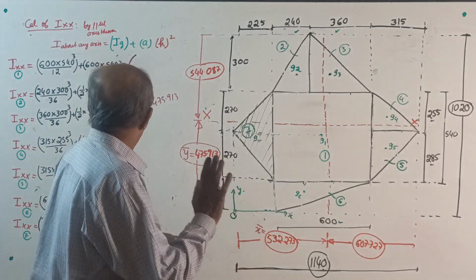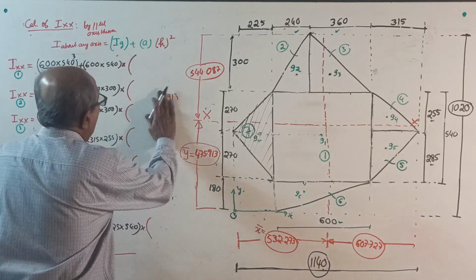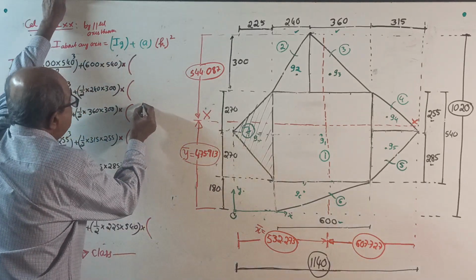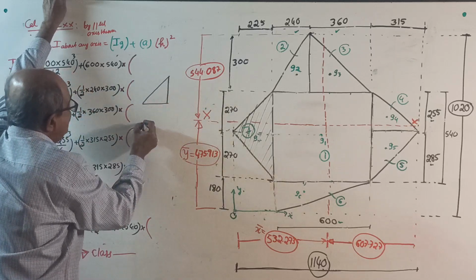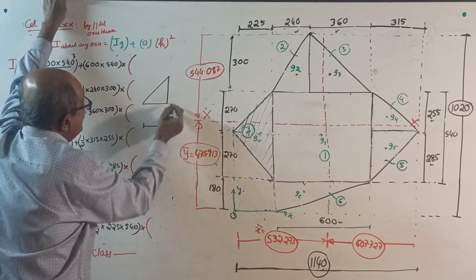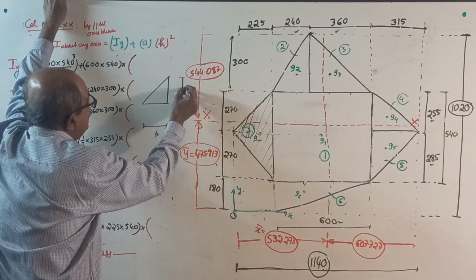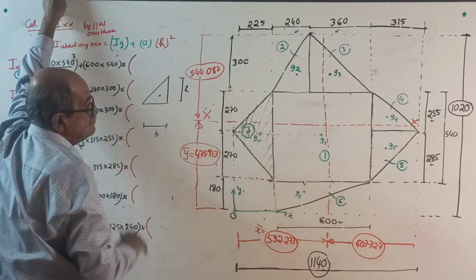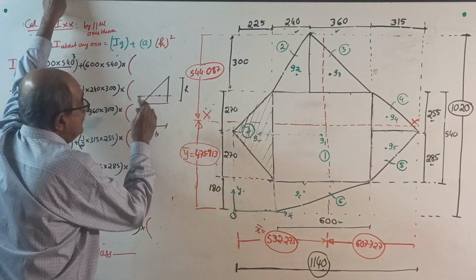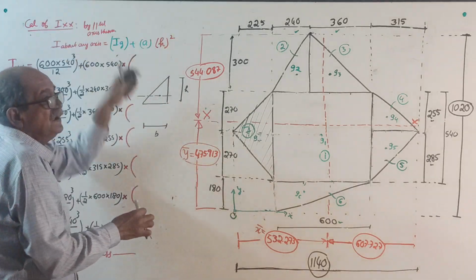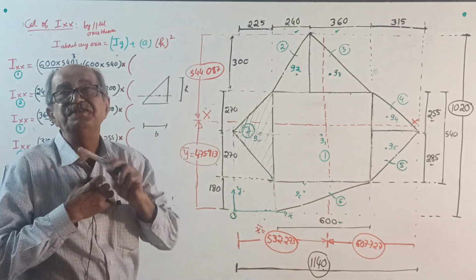Before I start, I will tell once again, last time: if there is a right angle triangle this way, if this is B, this is H, anything you can take B and H, the centroid is here. This is the centroidal axis. This is the base. The base is at the edge.